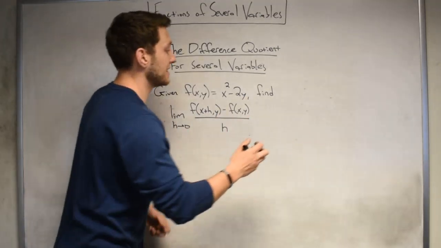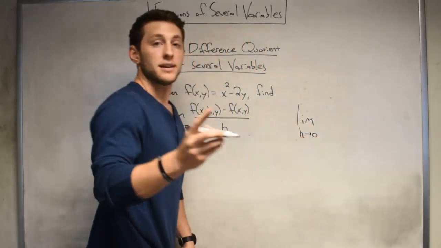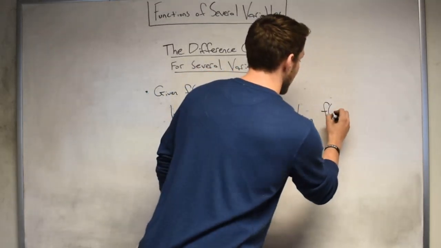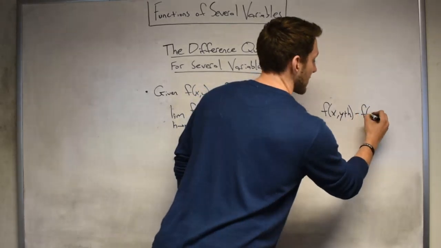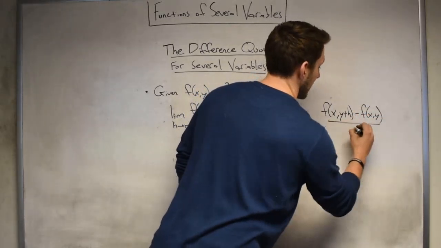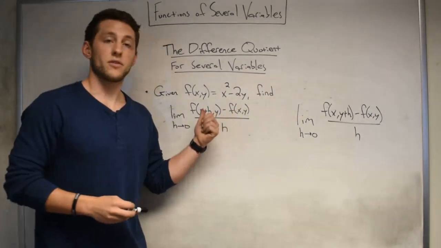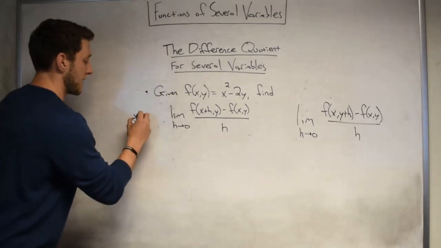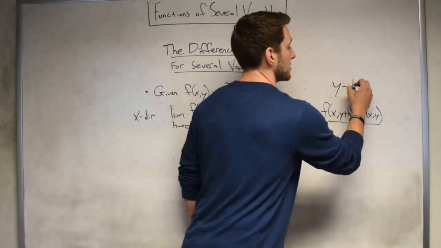And we actually have an analogous version for the rate of change in the y direction, given by the limit as h approaches 0 of f of x comma y plus h minus f of x comma y, divided by h. The difference is where the plus h is. x over here, y over here. This measures the rate of change in the x direction, and this measures the rate of change in the y direction.